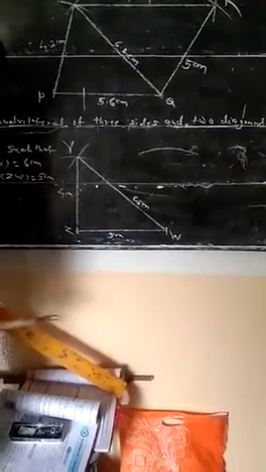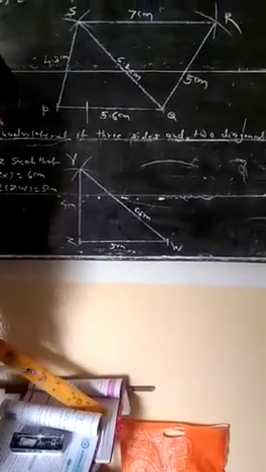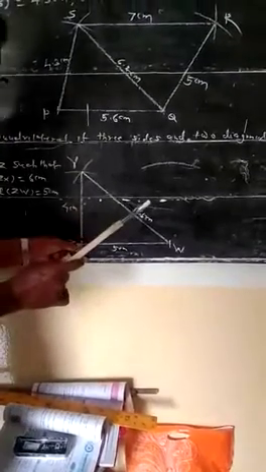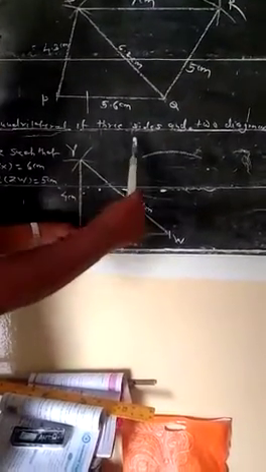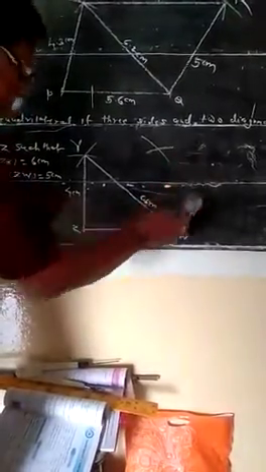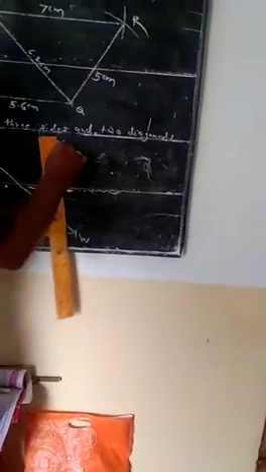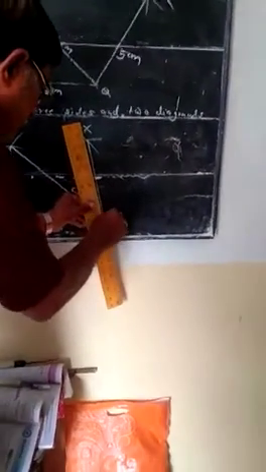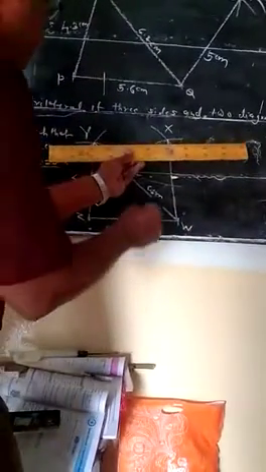Take 6 centimeter in the compass with the help of the scale, and put the point on Z. Draw this arc and rub the extra arc. Then this point is X. Join XW and XY.